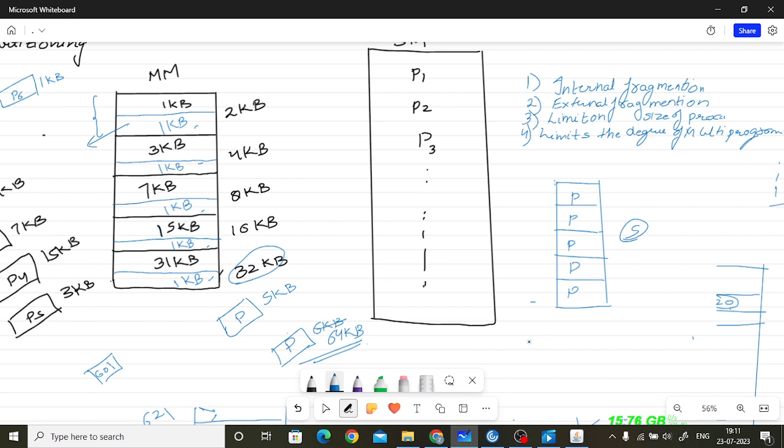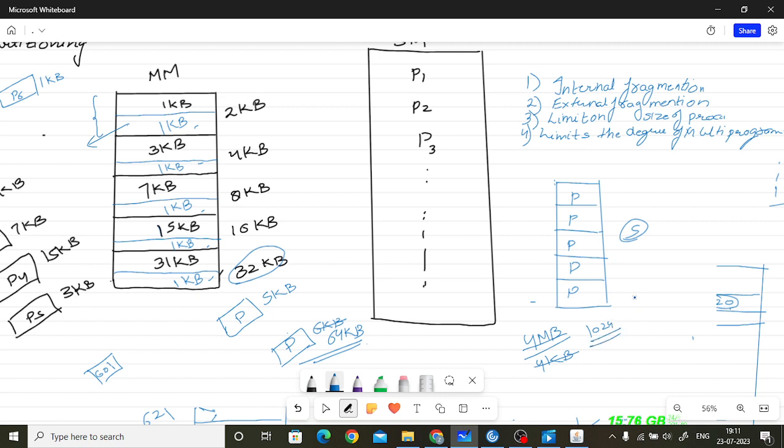We have a total of 4 MB of main memory, and we partition that 4 MB into 4 KB sizes. So how many partitions will be there? 1024 partitions will be there.